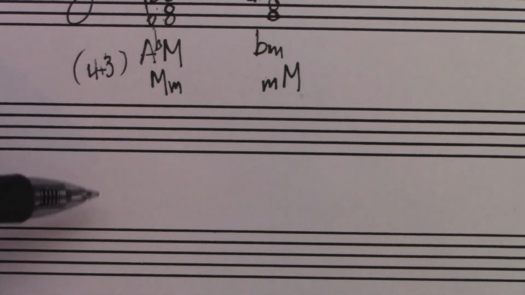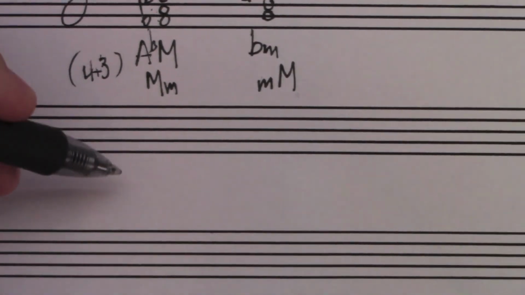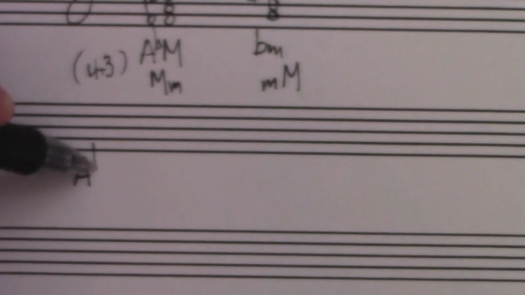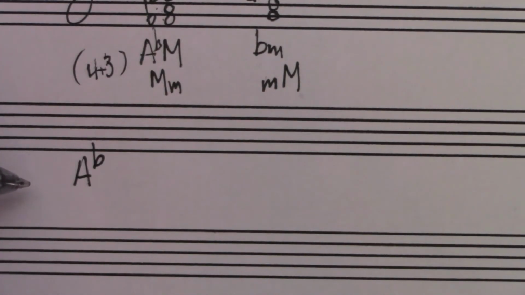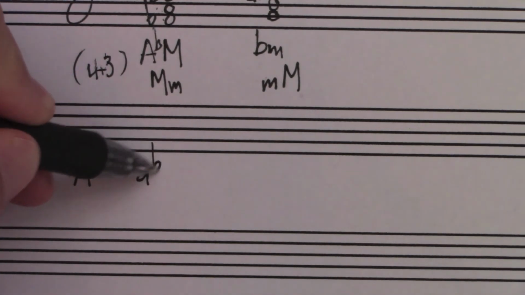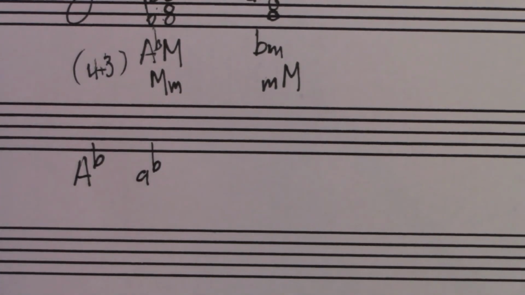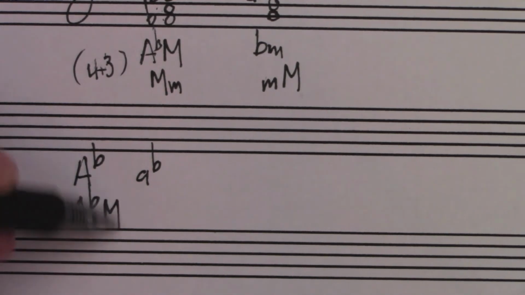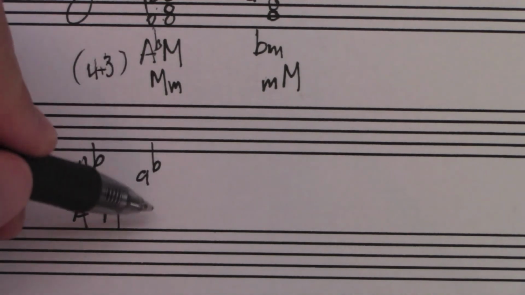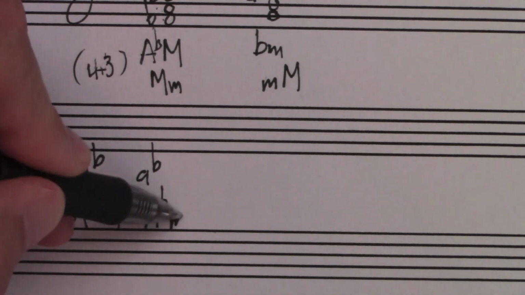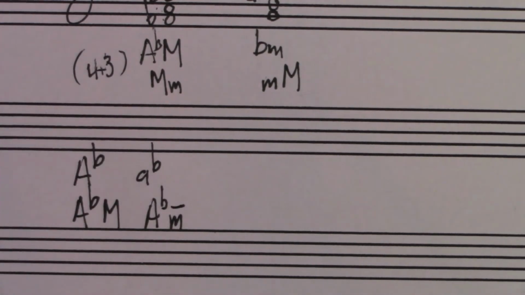Now, you'll see these listed a number of ways. Sometimes it'll just be letters. If you just have a capital A flat for a chord, it may mean that that's A flat major. Or sometimes you might see A flat with an uppercase M and A flat with a lowercase m, or maybe with a little line like that. Major, minor.